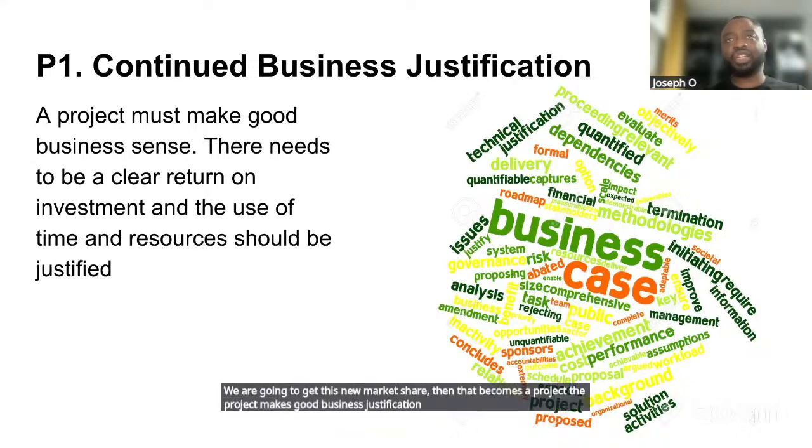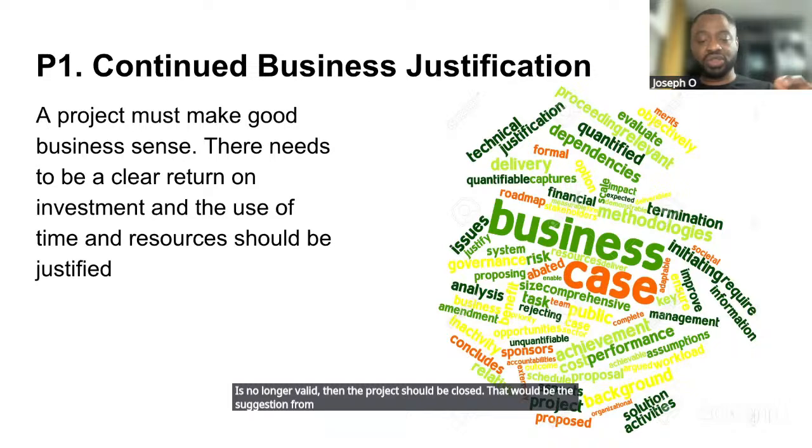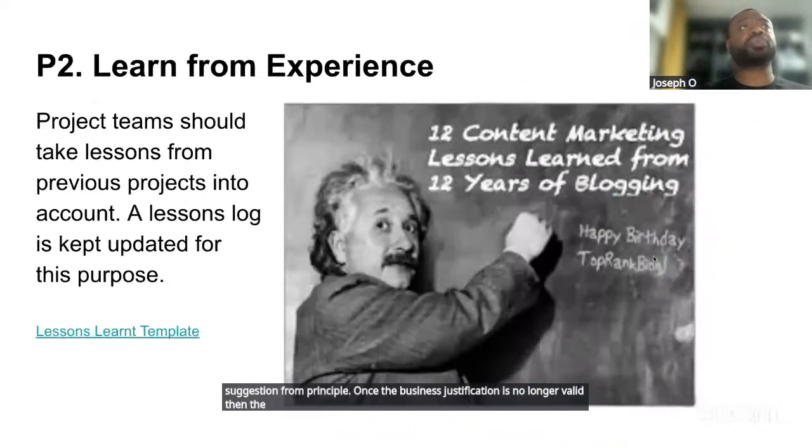So the justification is regardless of whether the business is losing money or gaining money. It is, why are we doing this project? And PRINCE2 would suggest that once that justification is no longer valid, then the project should be closed.